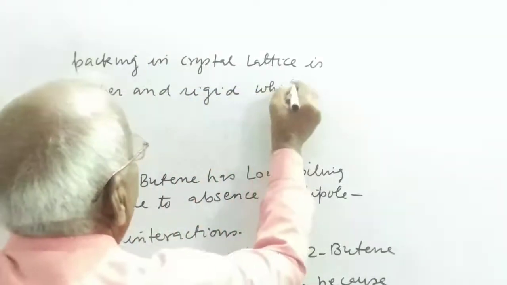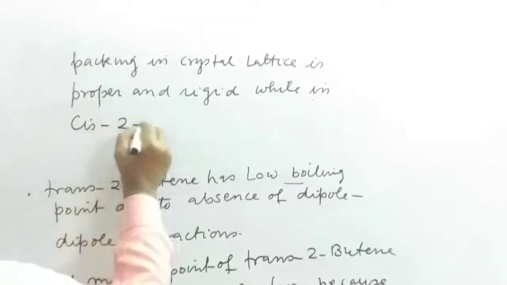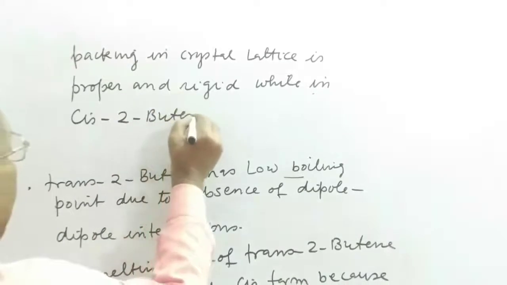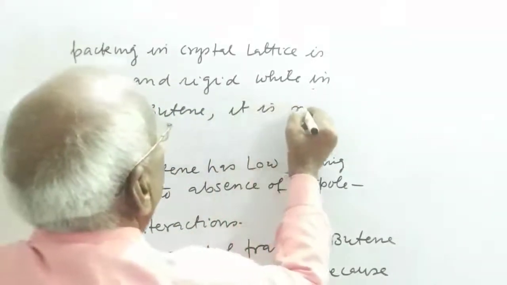while in cis form, or in cis-2-butene, it is not the symmetrical molecule.